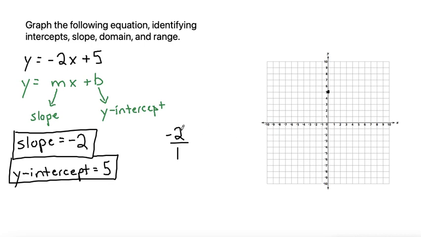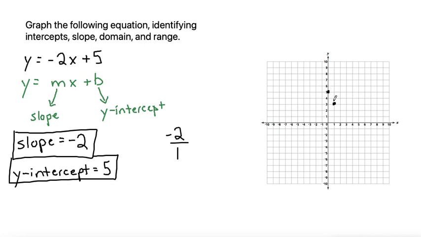Using the idea that the slope is the change in y over the change in x, also known as rise over run, we start at our known point, and because the change in y is negative 2, we go down by 2. A positive would be up, negative is down. And on the bottom we have a positive 1, so we go right by 1 for our change in x. That gives us another point on our graph, right here.